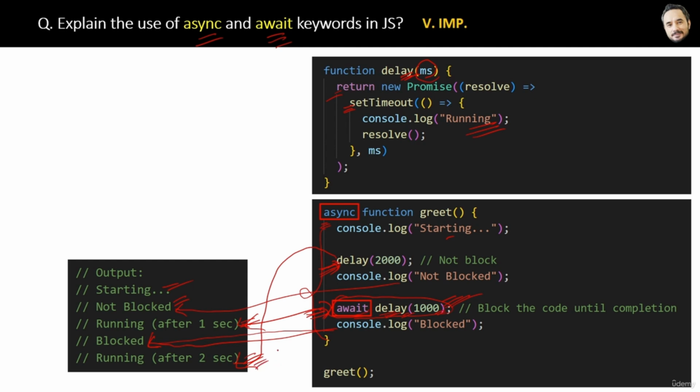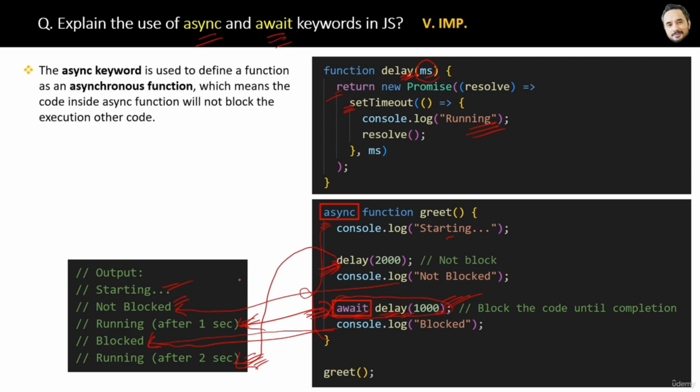Now finally, the definition of async and await keywords. The async keyword is used to define a function as an asynchronous function, which means the code inside the async function will not block the execution of other code. But at some points inside the async method, we want the execution to be in a synchronous manner.